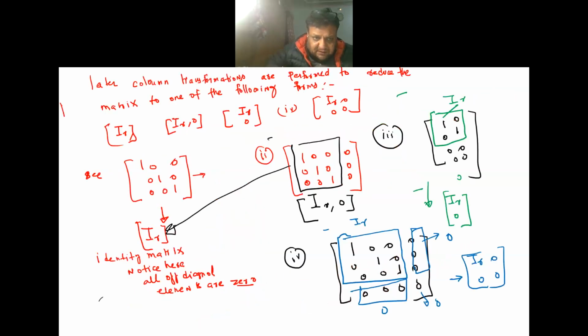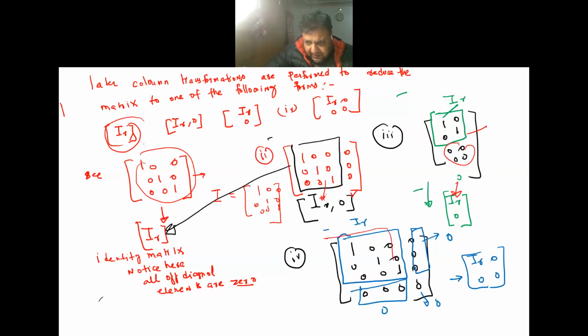The normal form of the matrix is this IR form. Here you see this is the identity matrix, where only the diagonal elements are 1, 1, 1, and the off-diagonal elements are 0. Or you see IR and 0. So this is your IR and this is your 0. Or you can have IR and 0 in this second form, or this form, IR and 0, 0, 0.